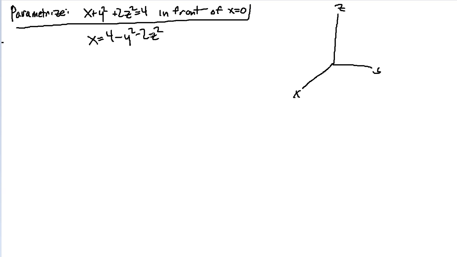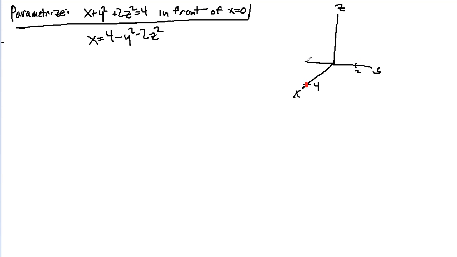So if y and z are both 0, I can plot the point x equals 4, like so. Then what happens? If z is 0, y can be at most 2, plus or minus 2.